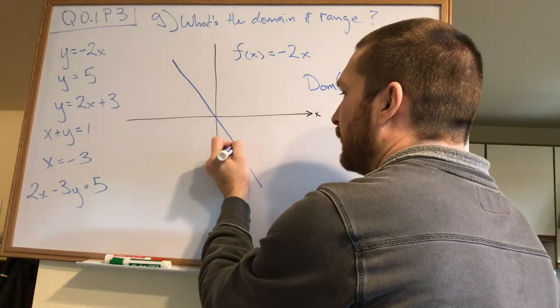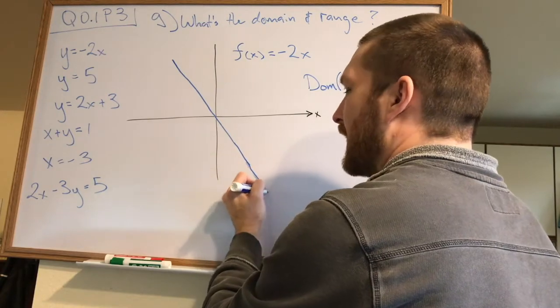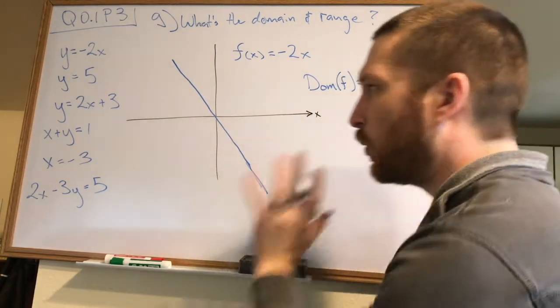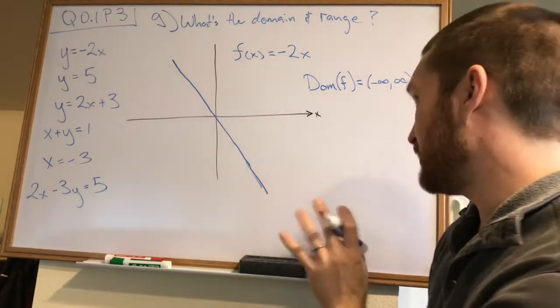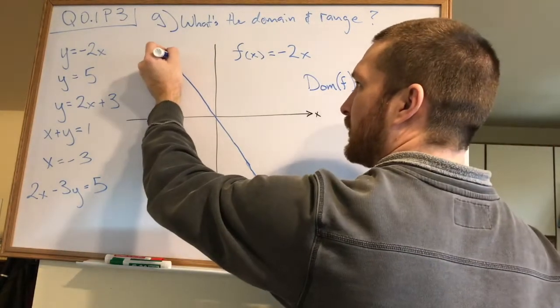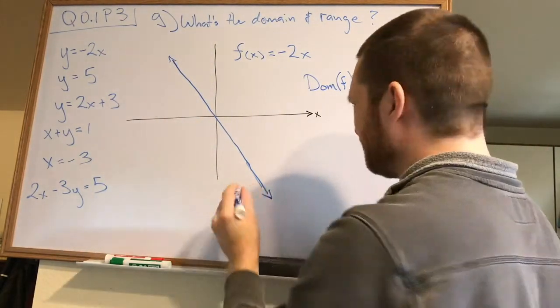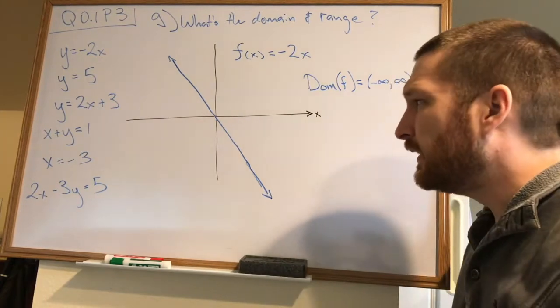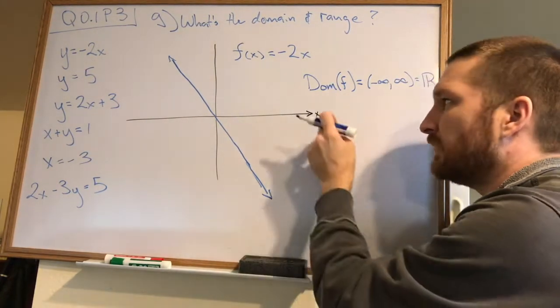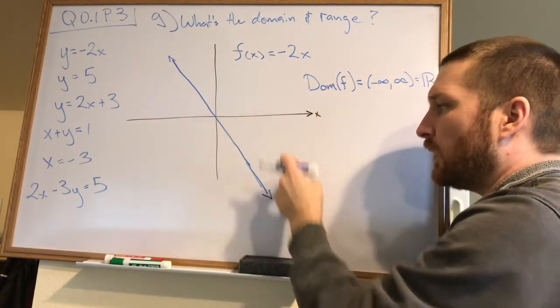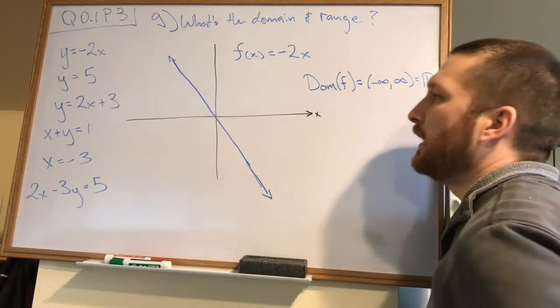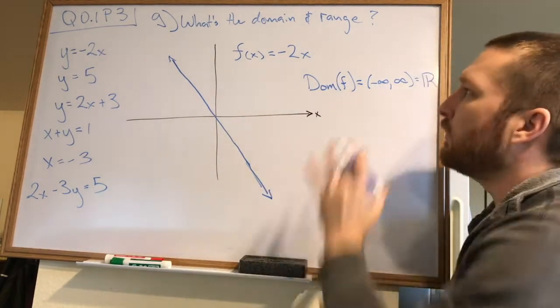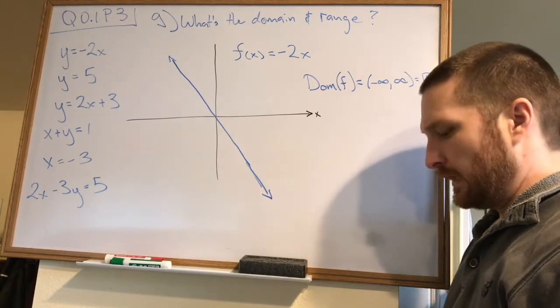Do we end up with anything crazy? Well, no, this is a line. This is about as well behaved a function as you could possibly get. We know this goes on forever in that direction, and it goes on forever in that direction. So for any given input, we could plug it in here and find some output. So those are a couple ways of looking at the domain for that one.